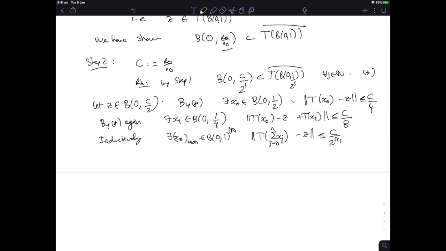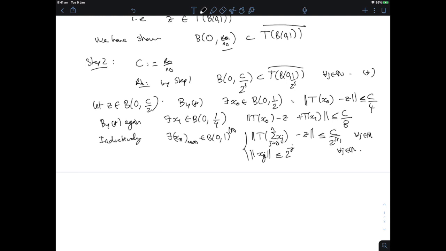That's one thing. And then my xn are all chosen such that they have norm smaller than 2 to the minus j, or 2 to the minus j plus 1, but whatever, for all j in N.